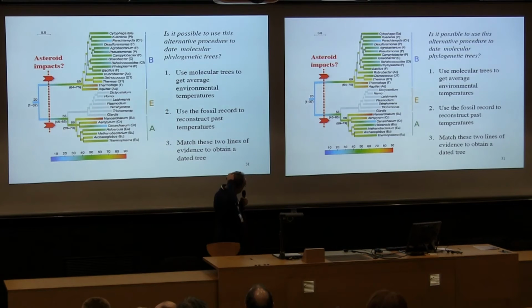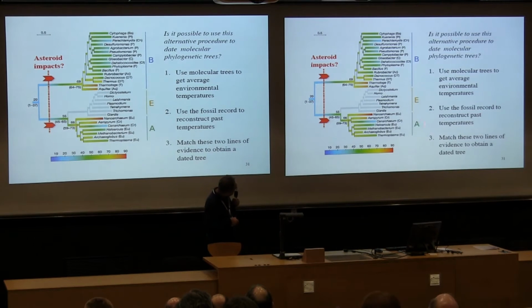An idea I would like to advocate in front of you is that maybe this could be an alternative procedure to do something that is notoriously difficult, that is to give dates to molecular phylogenetic trees. So maybe we could have a two-step procedure. One first step would use molecular trees to estimate average environmental temperatures at which these molecules were submitted.